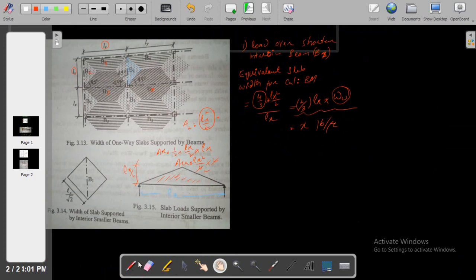We can write down the same cases for this B2 beam. Here you can see we have only one triangle.